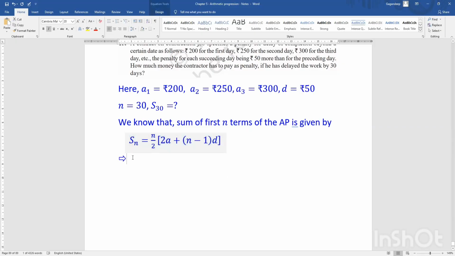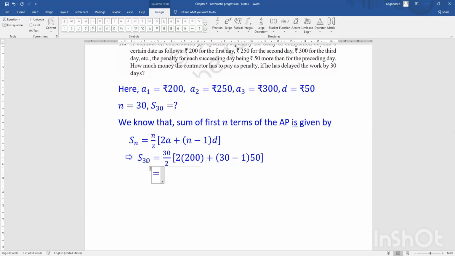So take the same formula here. Just replace n with 30, and here also n with 30. And then 2 into a is how much? 200. And n is 30, and d is 50. Right? It's nothing but 30 by 2 is 15. Bracket open. 2 into 200 is 400 plus 30 minus 1 is 29, 29 into 50.